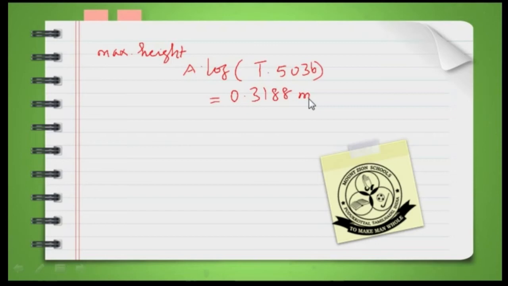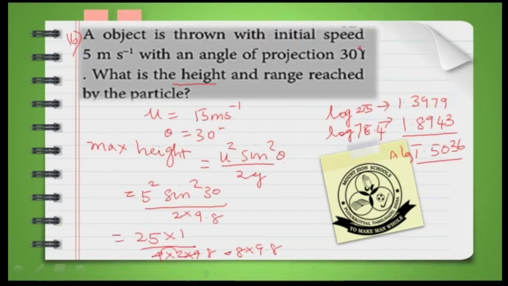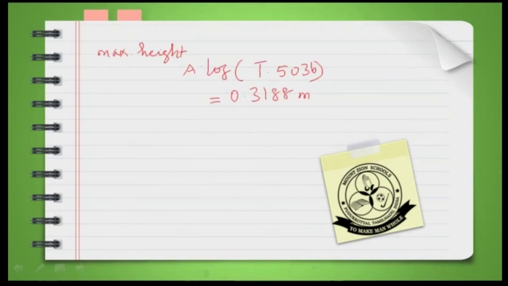And we are also asked to calculate in the problem what is the range. Okay, so range is found using this formula: u squared sine 2 theta, not sine square, it is sine 2 theta by g.